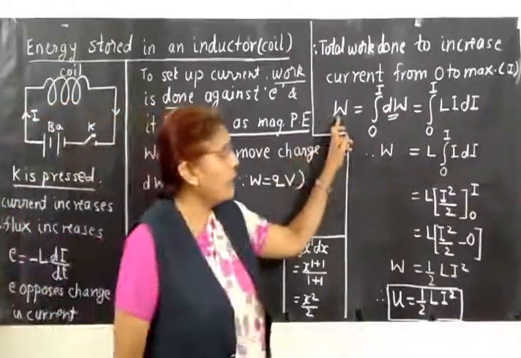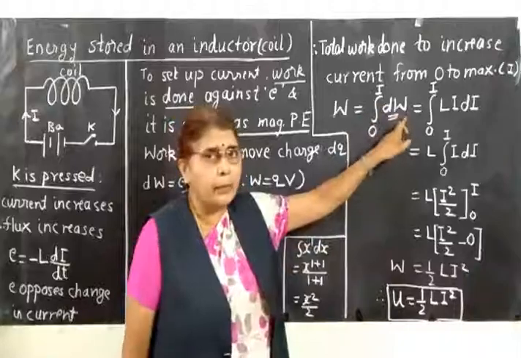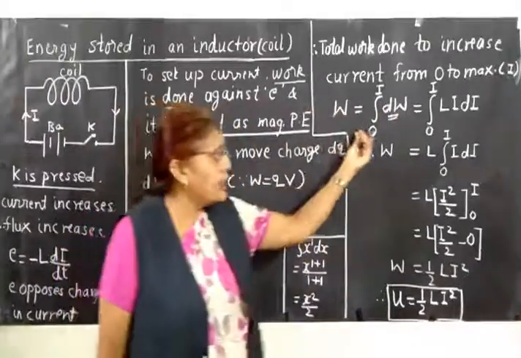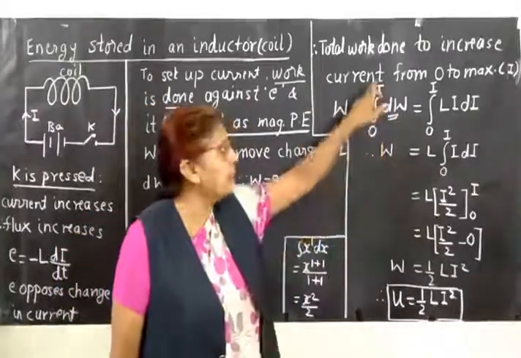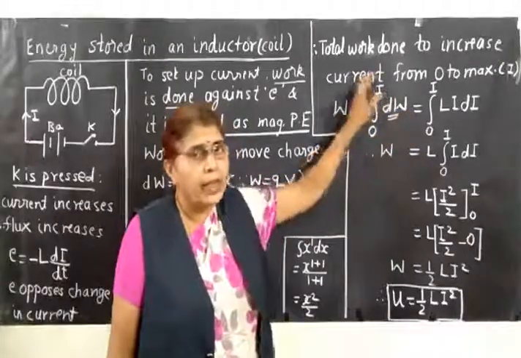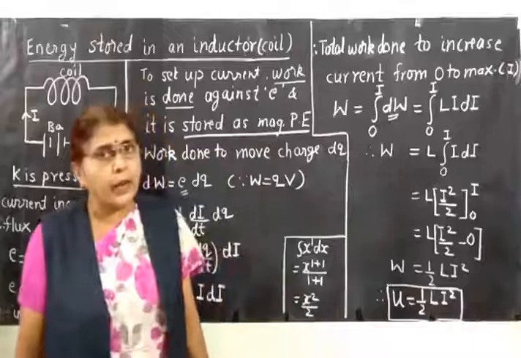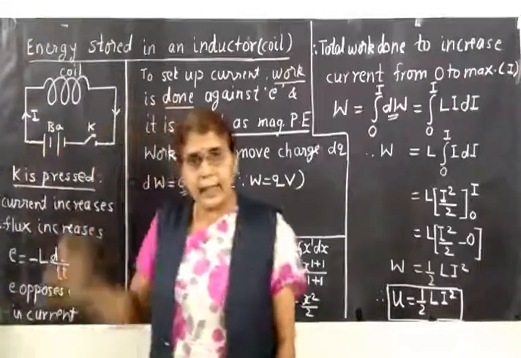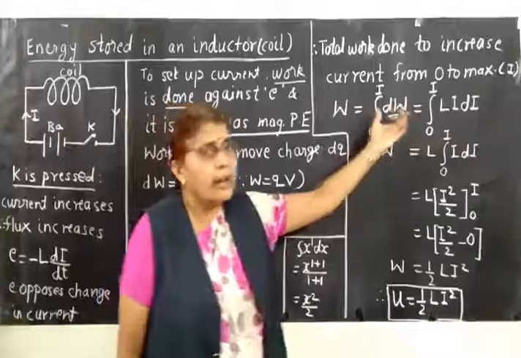So total work done W is integration of dw. What are the limits? Initially the current is 0 and maximum value is I. So integration of dw from 0 to I will give you the total work done to establish a current I in the inductor.